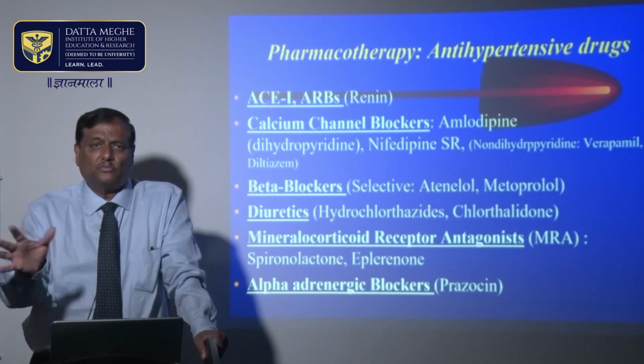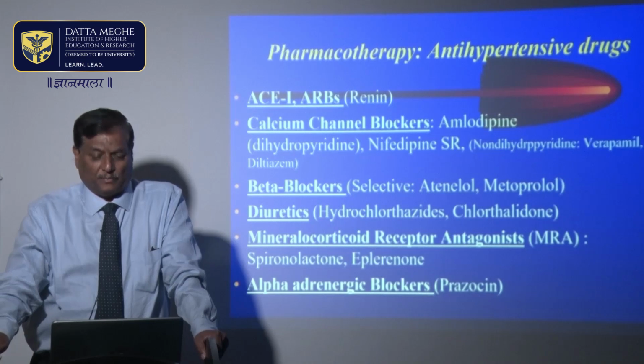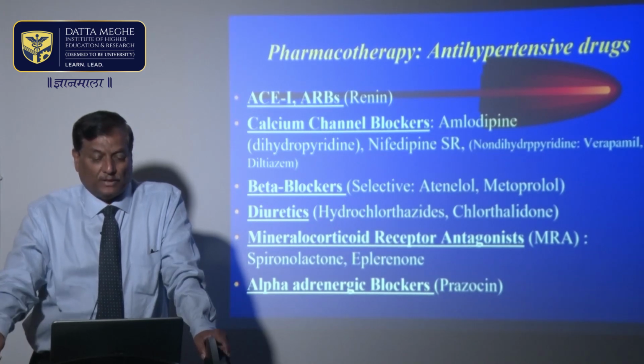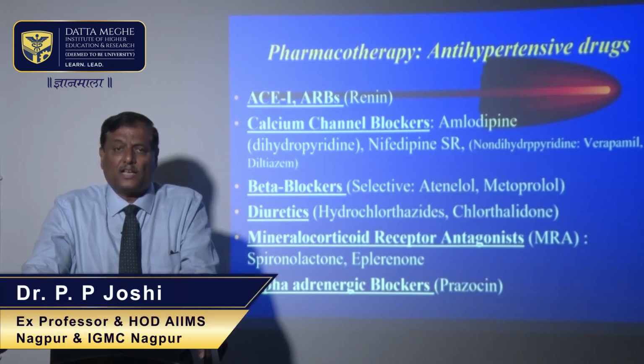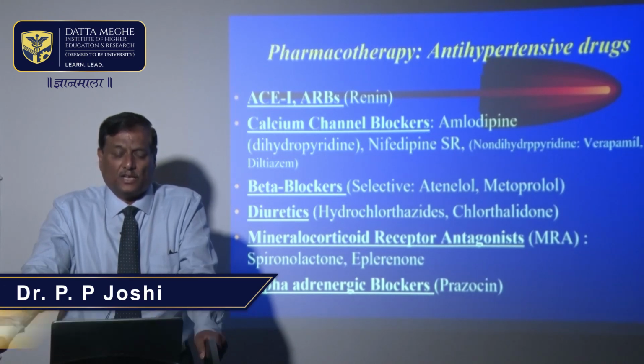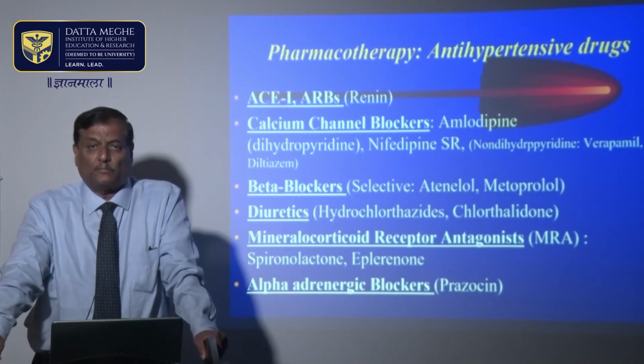Therefore, there are two very important classifications where we have to target the pathophysiology and treatment. One is anti-renin drugs which inhibit the renin angiotensin aldosterone system: ACE inhibitors, angiotensin converting enzyme inhibitors, or angiotensin receptor blockers.